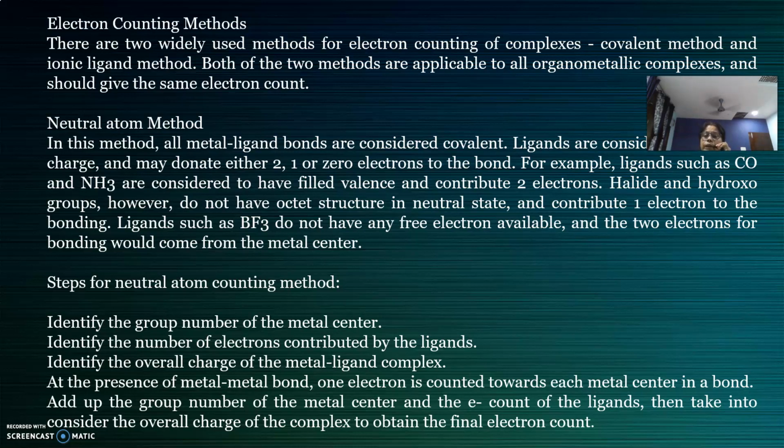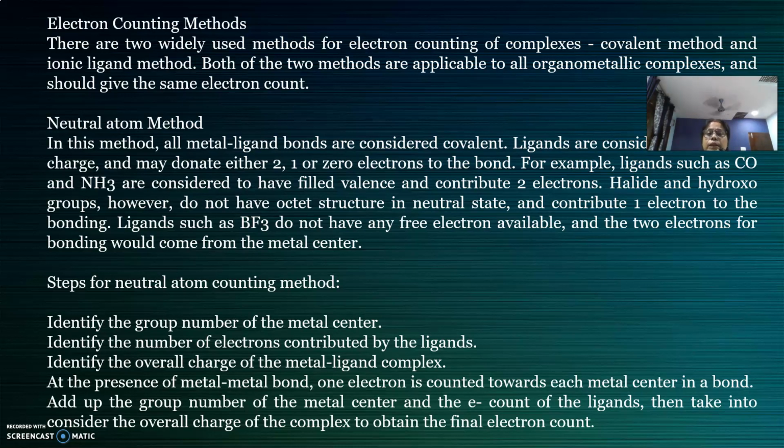In the neutral atom method, as the name suggests, each and every species participating in the complex formation must be taken in the neutral form. Suppose we have ferrocene, where the ferrocene molecule can be assumed to have iron in +2 state, or it may be iron in 0 state also.